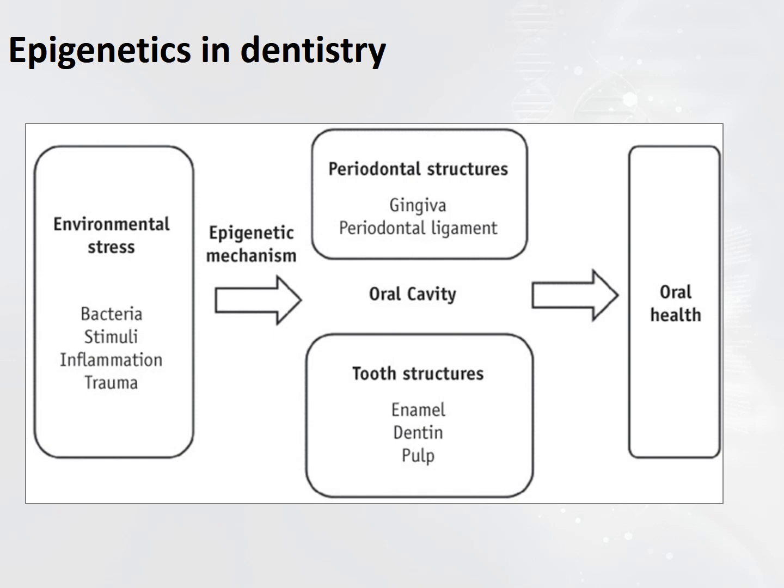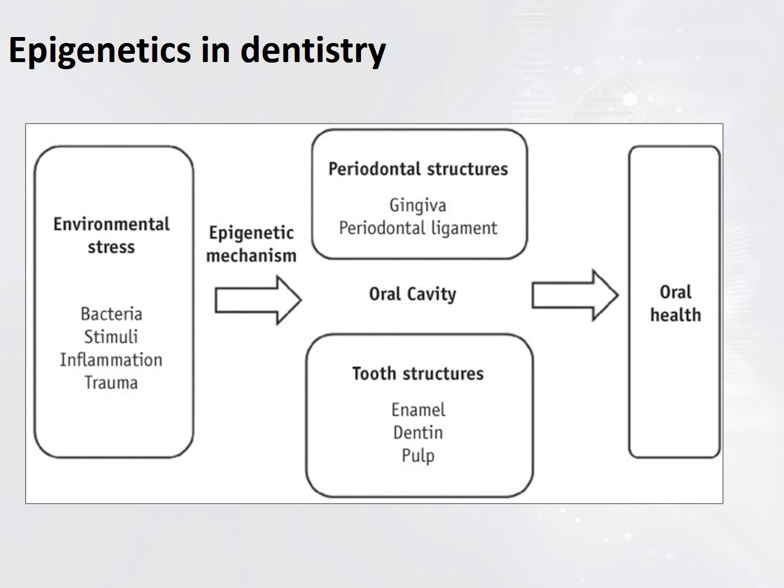So what we know is basically that the majority of problems that happen in dentistry and in oral health are problems related to inflammation. Basically, the lack of balance between pro-inflammatory and anti-inflammatory agents.